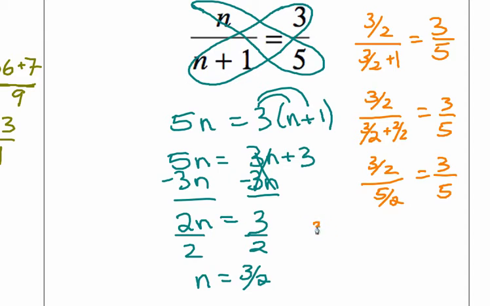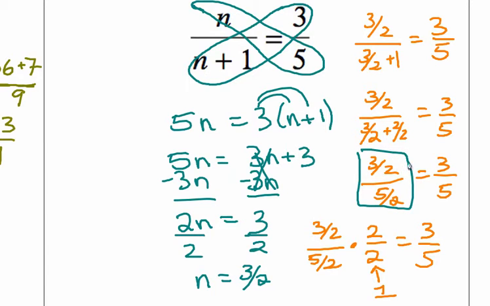Well, that sounds right to me, because if I take 3/2 over 5/2 and multiply that by 2 over 2, 3/2 times 2 is 3, and 5/2 times 2 is 5, and this just has a value of 1, so if I multiply the thing on the left here by 1, I get 3/5, the thing on the right, so they must be equal. So n equals 3/2 is definitely true.